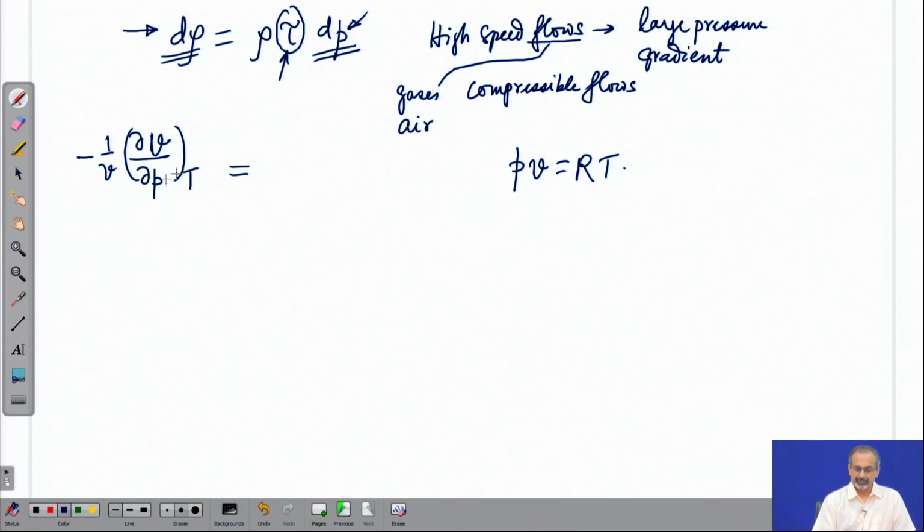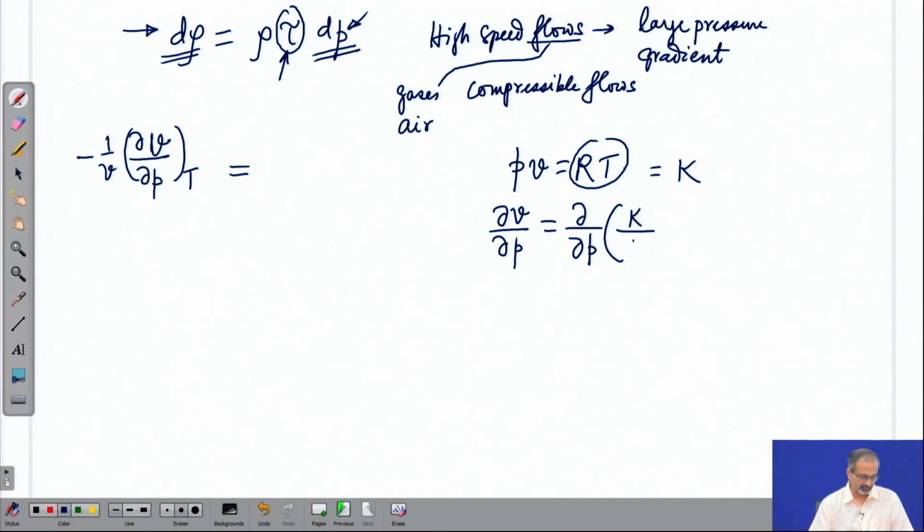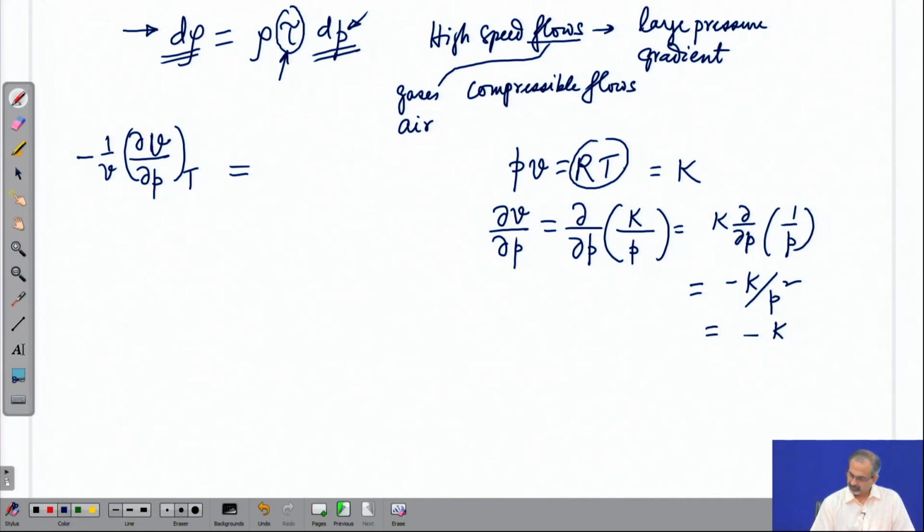We can derive an expression for del V/del P for constant T. So, for constant T, the right hand side will become a constant, let us define it as K, and then we will have del V/del P, which will come out to be minus V by P.